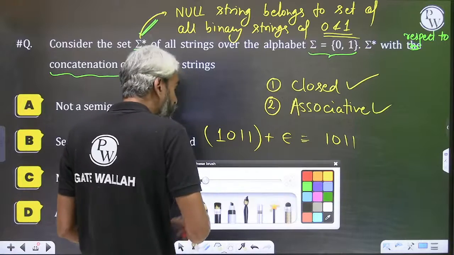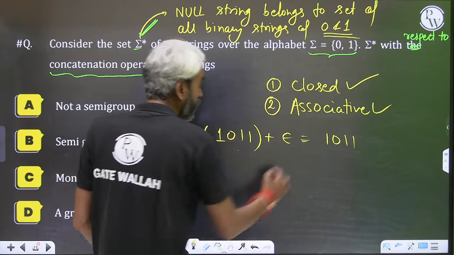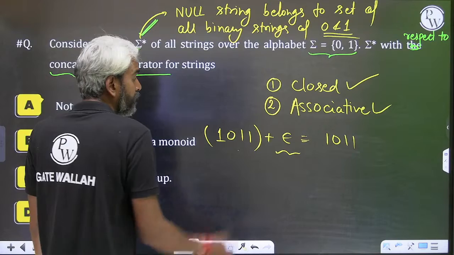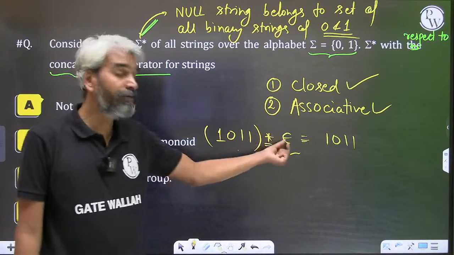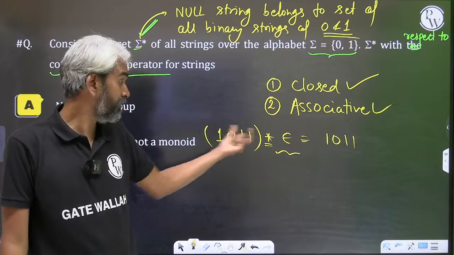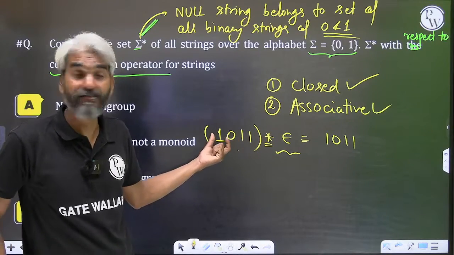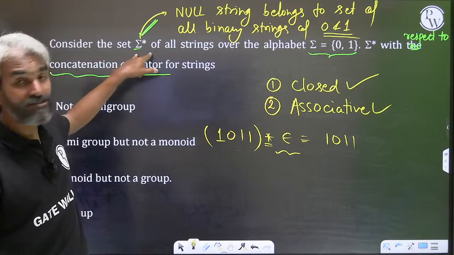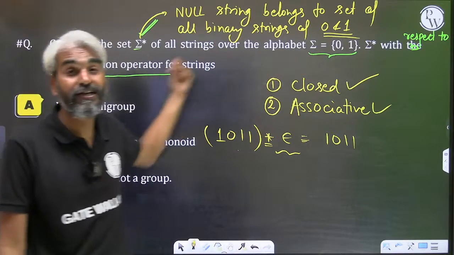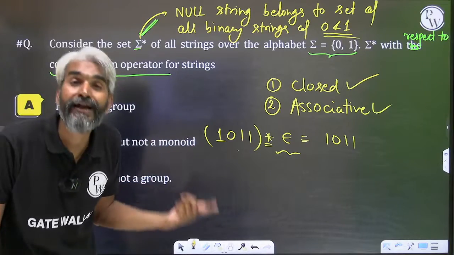So, do we have an identity element with respect to the concatenation operation? Yes, we have the identity element over these binary strings of 0 and 1. Therefore, this set of all strings of 0 and 1 with respect to concatenation is a monoid as well.